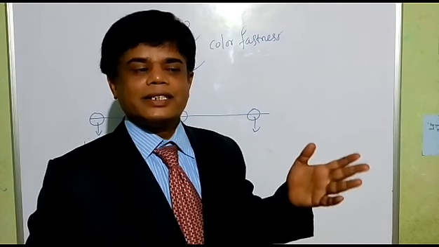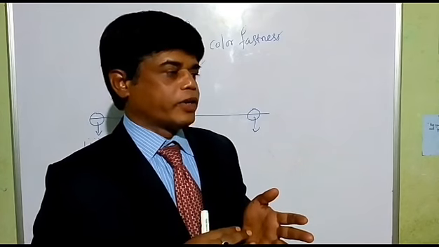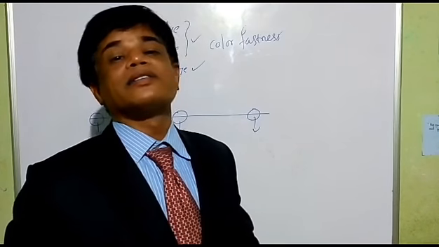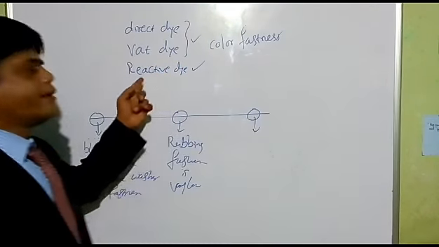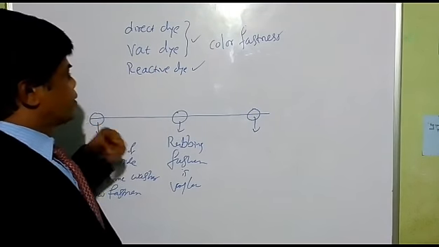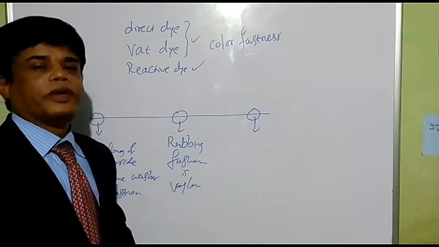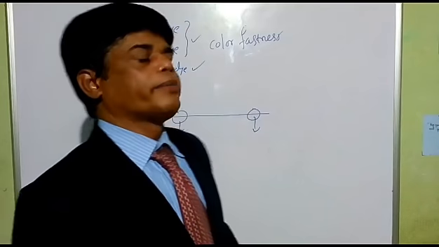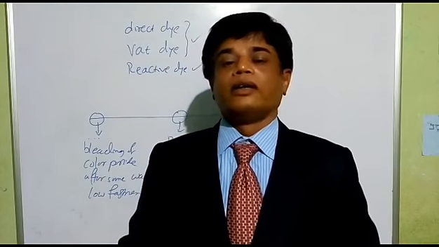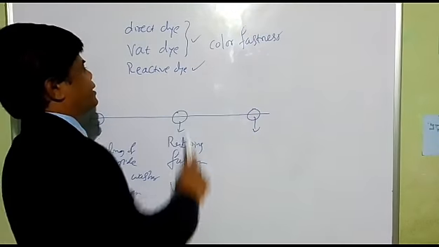So in such dyes, rubbing fastness is very good, and color fastness against bleeding by washing is also very good. In this class of dyes, reactive dye is placed. The name itself says reactive: these dye particles go into the fiber structure and react. The fastness of these dyes is very good compared to direct dye and vat dye.